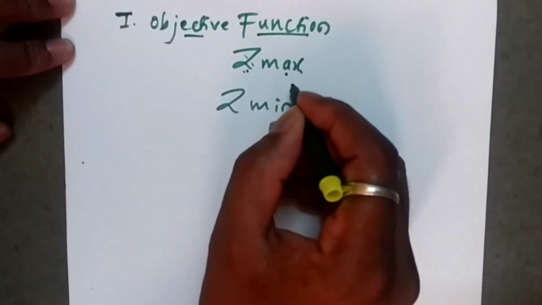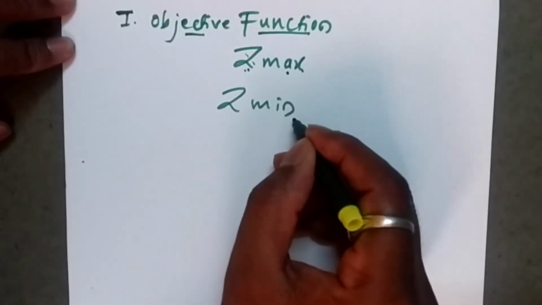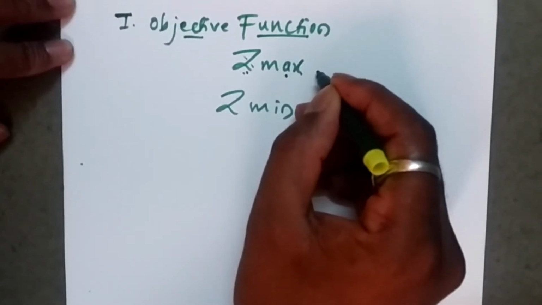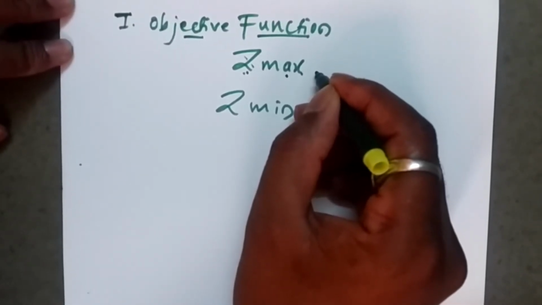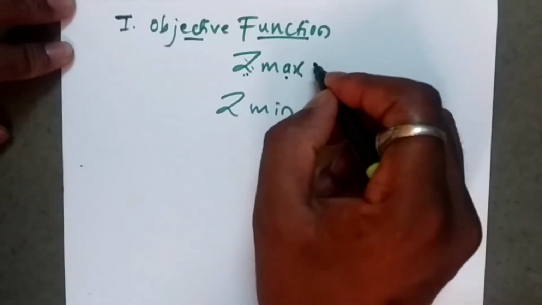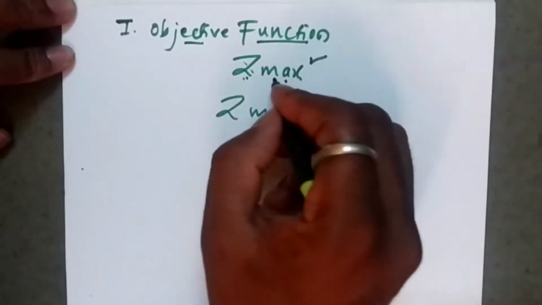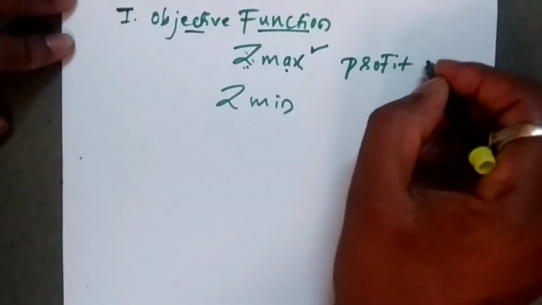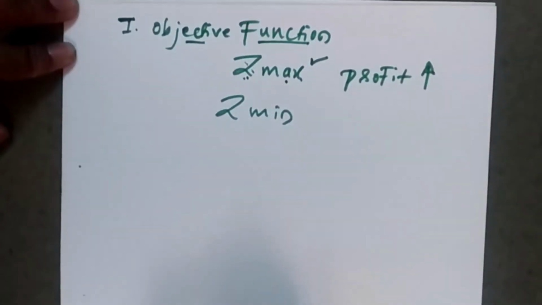Now the question comes: when to use this and when to use that. Whenever a problem is talking about profit, we always want the profit to be more. We want the profit to be maximized. In those cases we should use Z max. So Z max talks about the profit, and we want the profit to be more.